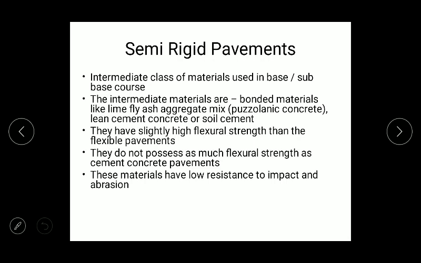Third point, they have slightly higher flexural strength than flexible pavements. Flexible pavements have very low flexural strength, rigid pavements have very high flexural strength, whereas semi-rigid pavements have a slightly high flexural strength, between flexible pavement and rigid pavement.